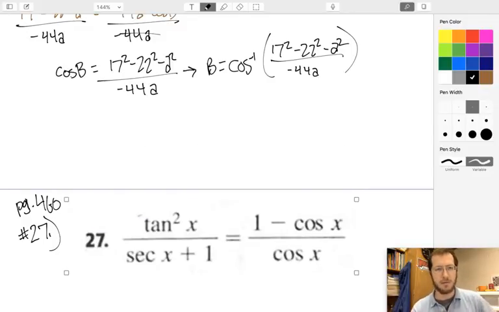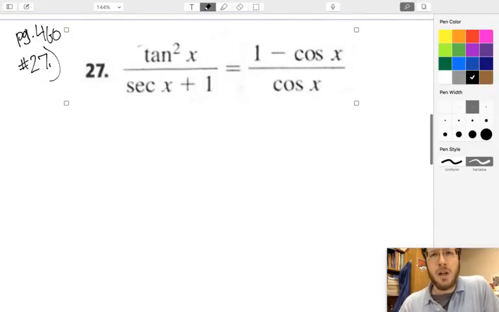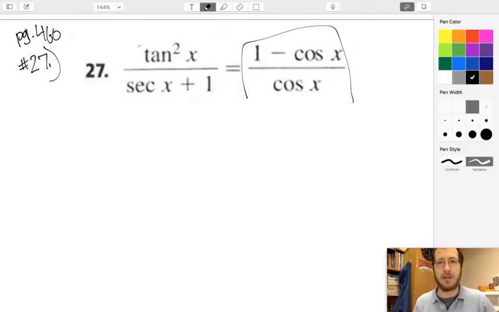We've got tangent squared of x over secant of x plus 1 equals 1 minus cosine of x over cosine of x. Okay, so we typically start with the most complicated side, which looks like the left. And we want to get to cosine. So don't forget, always keep the other side in mind as you're working on a proof. So I'm going to work on this side.